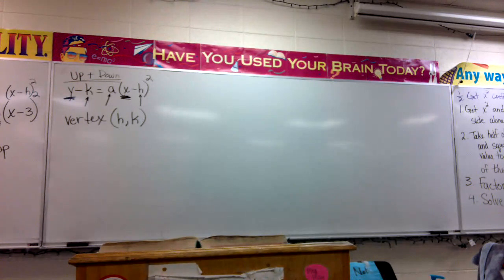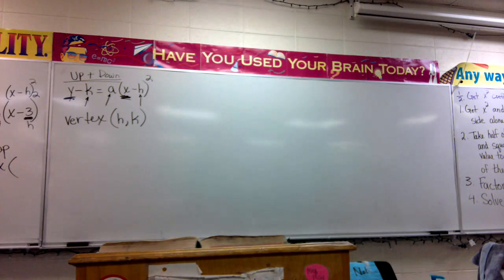And regardless of which way it opens, the vertex is a point, so it will have an x and a y coordinate. Those coordinates are (h, k). Look at the h and the k. That's your h. That's your k. So if you have the equation for the parabola, then you have the vertex of the parabola.